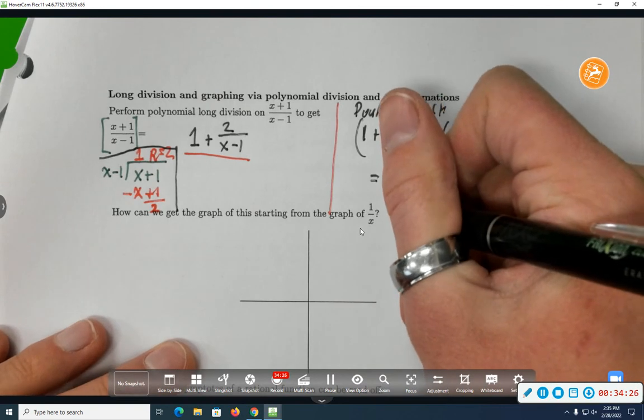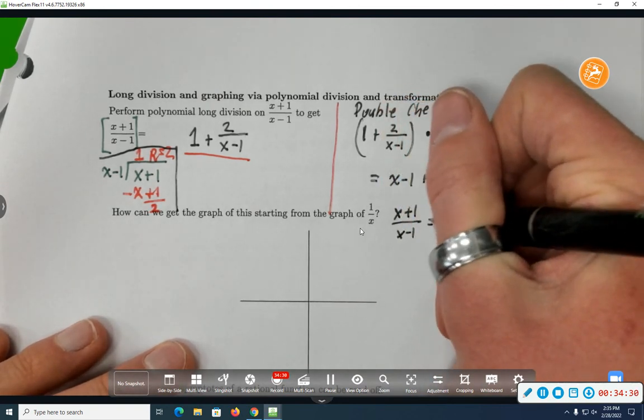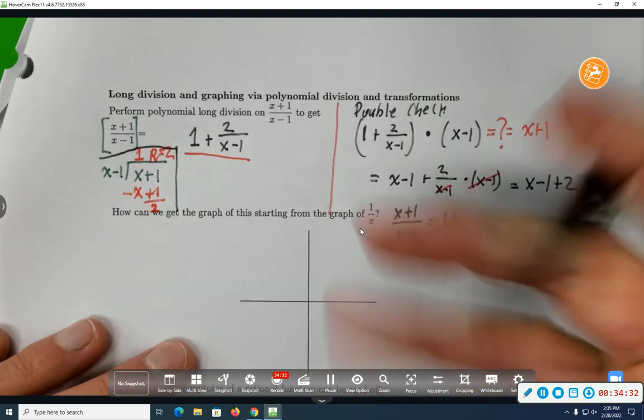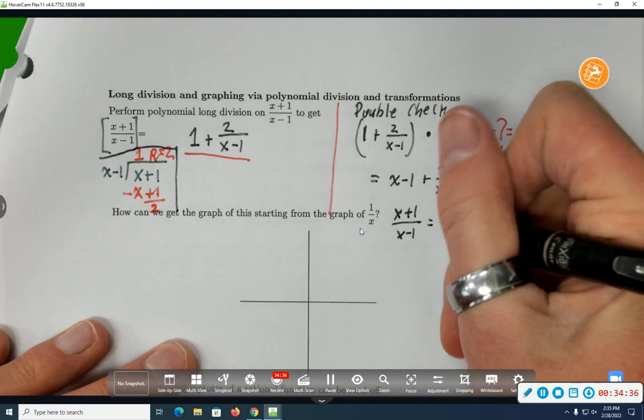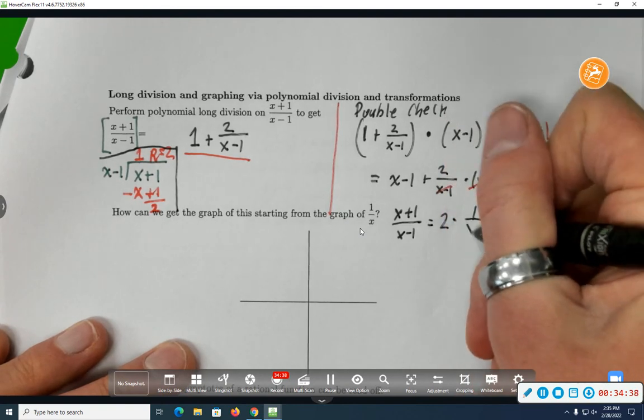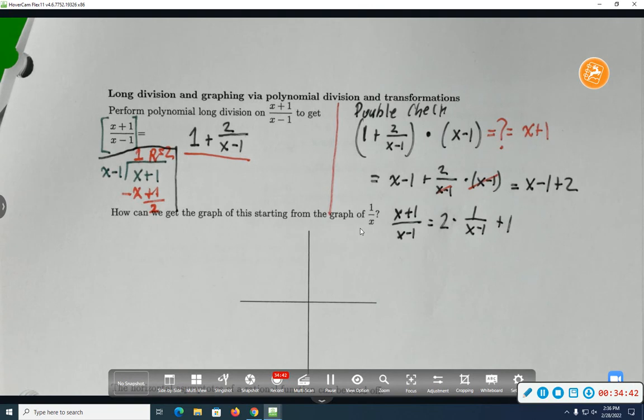So what do I have from the previous step? X plus 1 over x minus 1 is equal to 1 plus, let's not write it that way. I'll write it in a slightly sillier way. 2 times 1 over x minus 1 plus 1. So that's a silly way to write that. Like, that's not the way that you would naturally want to write it.